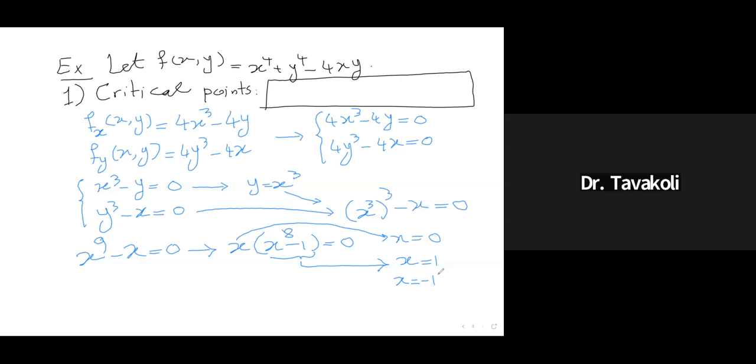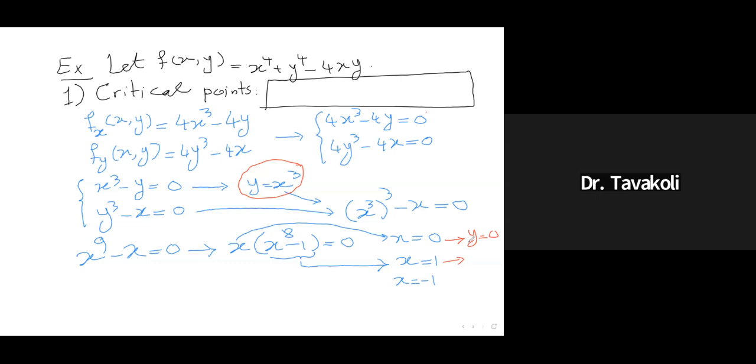Now, how can I find the corresponding y? If I look at y equals x cubed, when x is 0, the corresponding y is 0 cubed, 0.